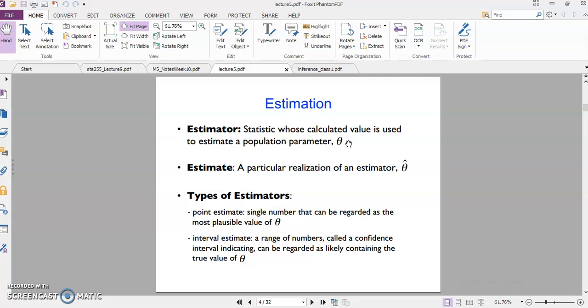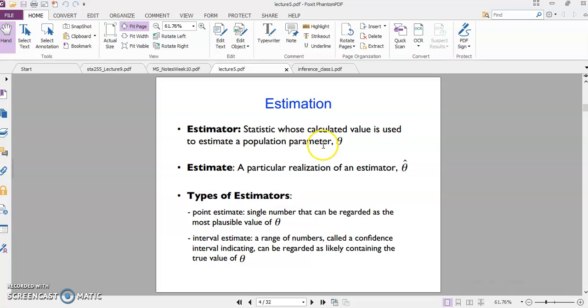Suppose you think about your previous semester class, you would have come across the T statistic, F statistic, chi-square statistics. All those statistics whose calculated value is used to estimate the population parameter theta. So you try to estimate using x bar minus mu divided by the standard error, which you would have used.